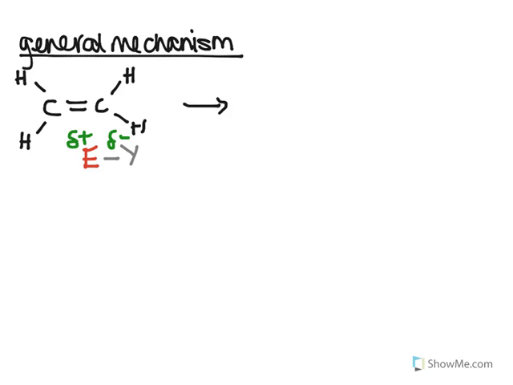What happens here is that as this approaches the pi bond, the electrons from the pi bond look to make a bond with the electrophilic part of the molecule.